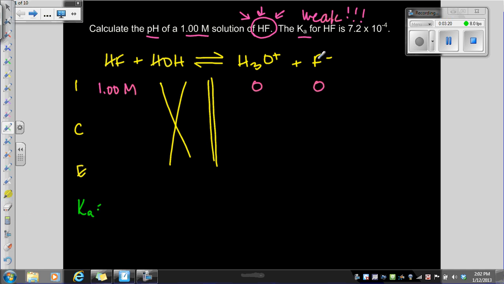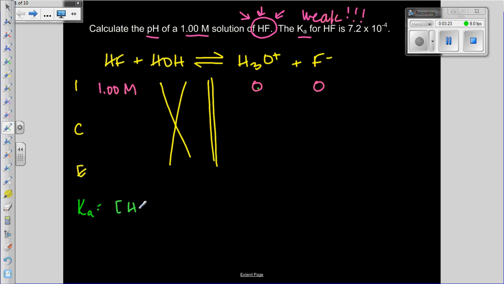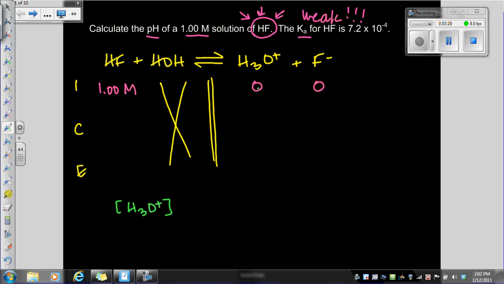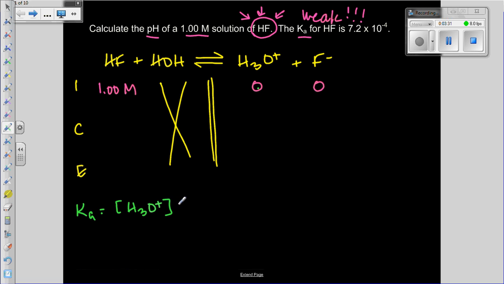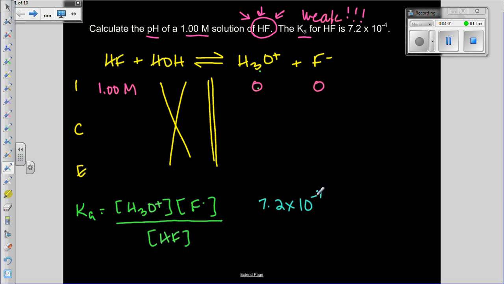If you're asked to write the expression, we would do the concentration of our products, and they're both included because they're in aqueous solution, divided by the concentration of HF only, because we're not including water. So this is our expression. We've been given a Ka, so I have this value: 7.2 times 10 to the negative fourth.